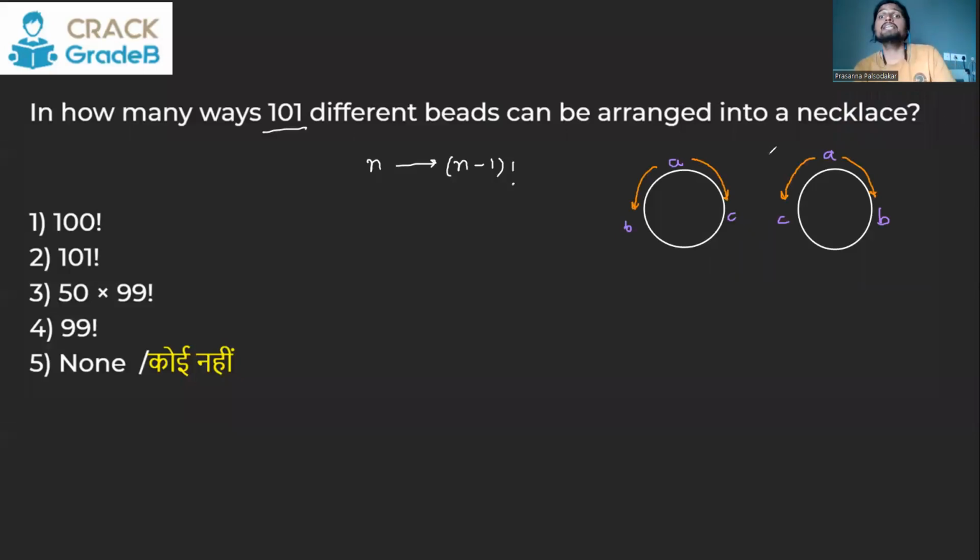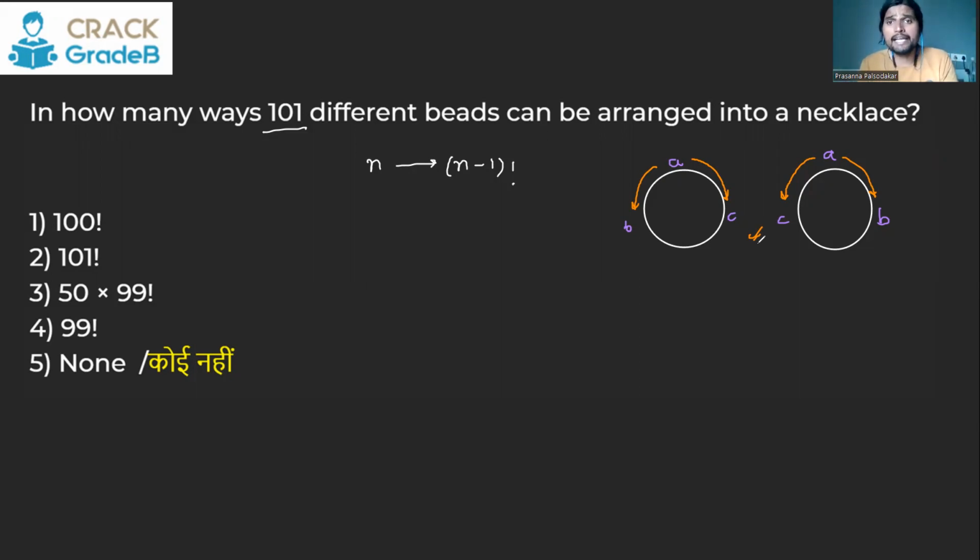So they are different ways if people are sitting at a circular table. But if you see this as a necklace or a pearl, these two arrangements will be equal. If this is a necklace I'm holding, for me, A's right side is C and left side is B. With the camera, the right and left inverting can be a little confusing for you, but you just have to understand this.